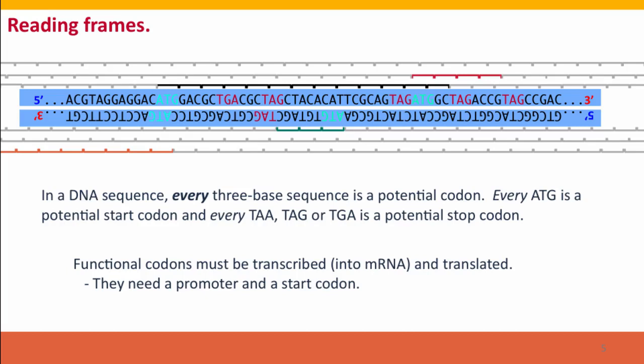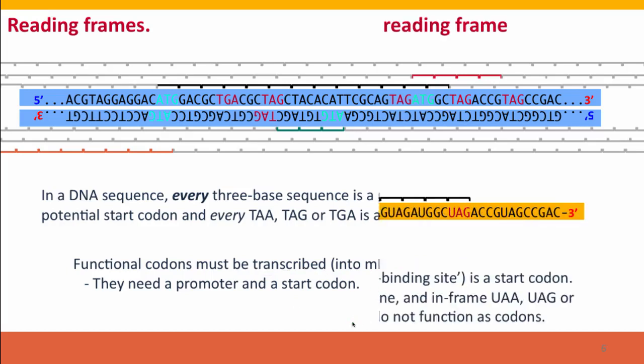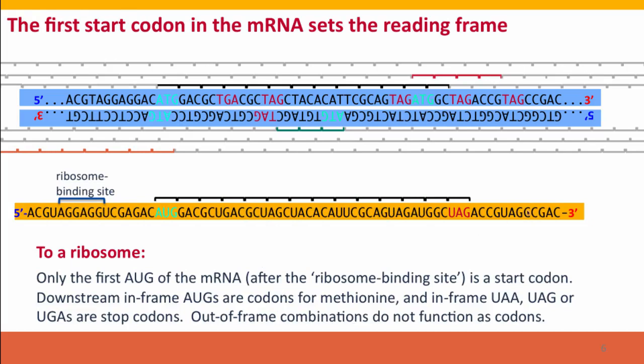And the only things that are considered by the ribosome are sequences that have a promoter so that they can be transcribed. And then they are potentially translatable. So again, here's our sequence with its reading frames.